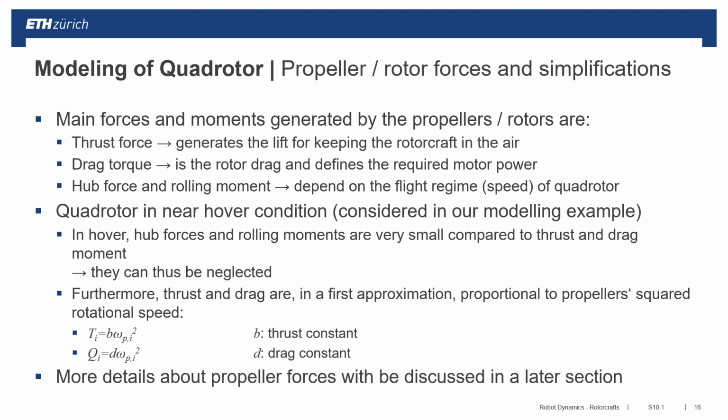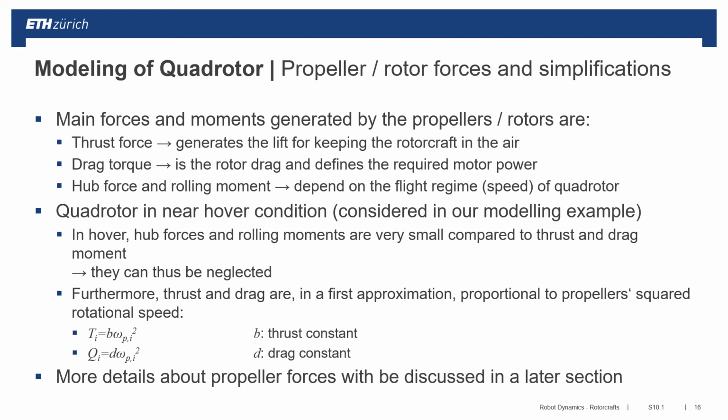In our case, we are looking at the quadrotor model around hover condition. In hover, hub force and rolling moments are very small compared to thrust and drag moments, and they can therefore be neglected. Furthermore, thrust and drag are, in a first approximation, proportional to the propeller's squared rotational speed.